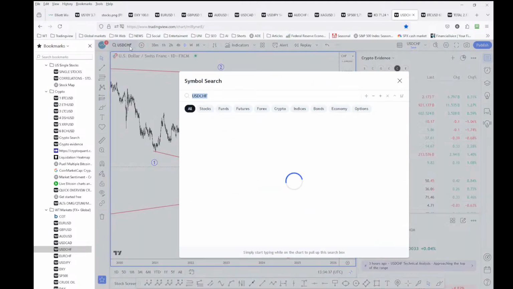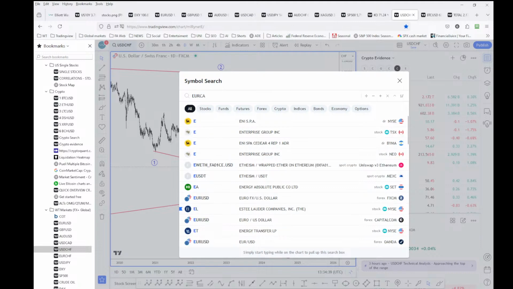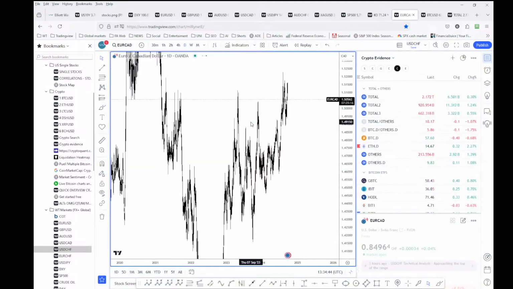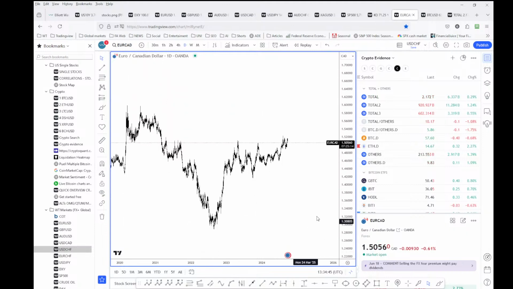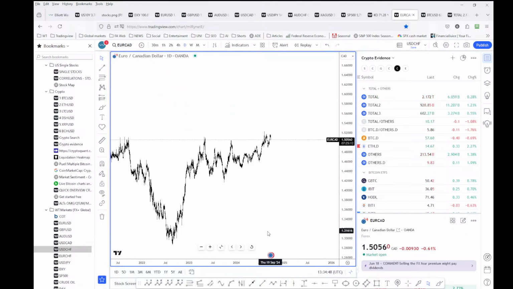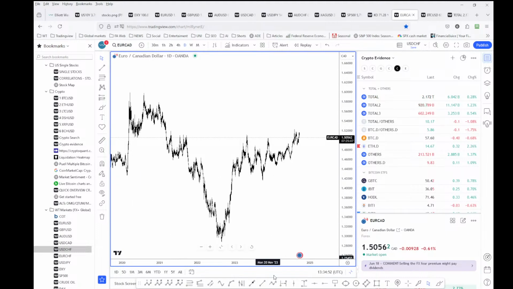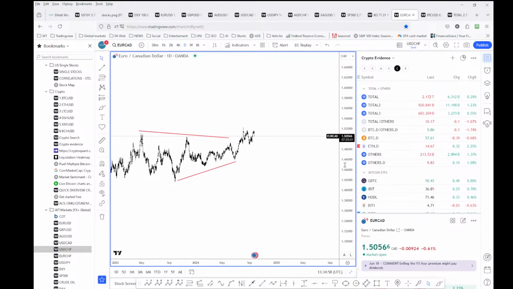Someone asked for eurocad. I'm not sure if I have eurocad here. Let me check the fresh wave counts. Okay, so eurocad looks like it's coming out of some kind of a triangle here. So maybe more upside is possible, but let me check.